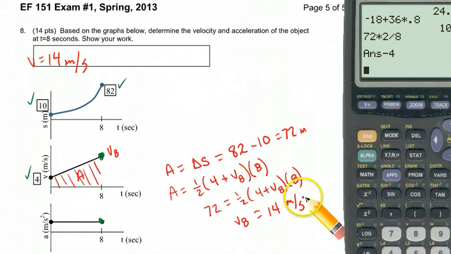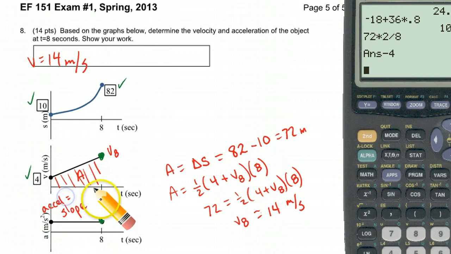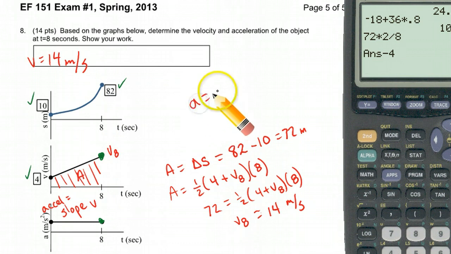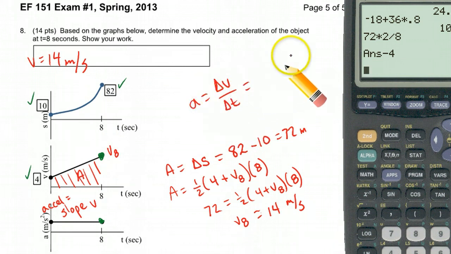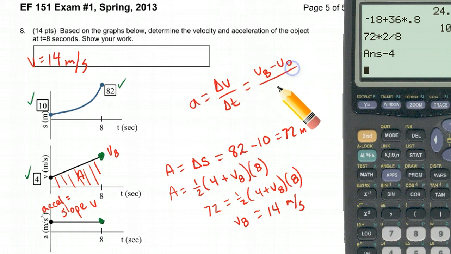Okay, remember acceleration is just the slope of the V curve. Now that we know that V sub 8, we could write that as change in velocity over change in time. That makes sense too. V sub 8 minus V0 over 8.